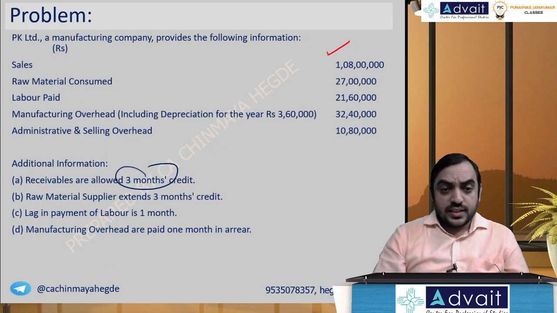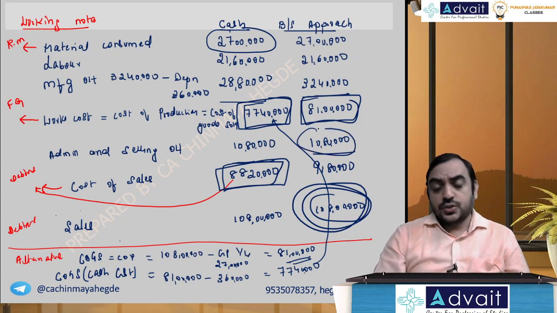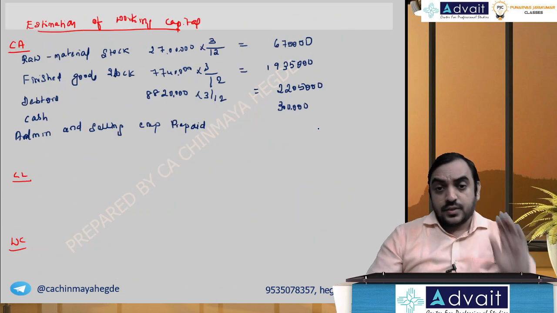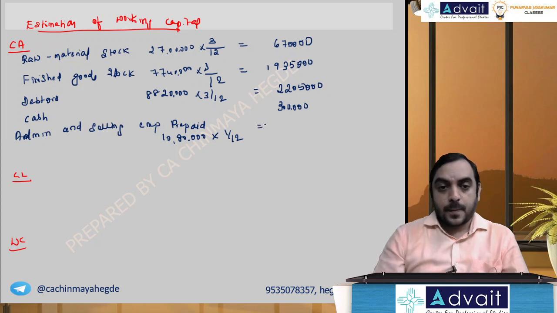Annual expenditure is 10 lakh 80,000 and 1 month earlier. So 10 lakh 80,000 is for full year. How much for 1 month? Into 1 by 12. 90,000.